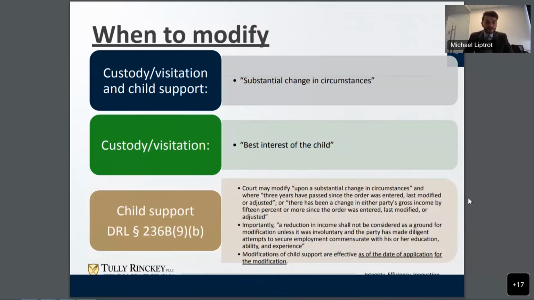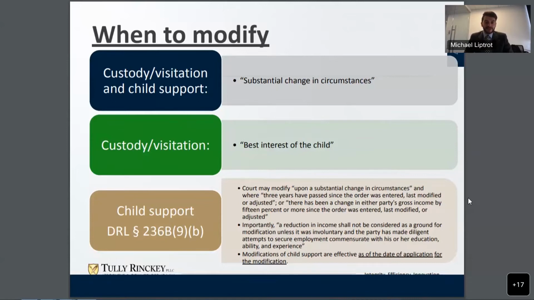And with respect to child support, we talked about it a little bit, but the Domestic Relations Law, DRL 236B 9B, is the statute, which is only applicable to orders entered after October 2010.